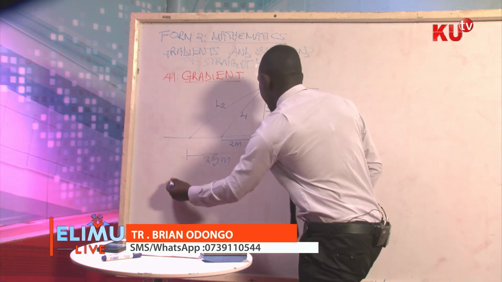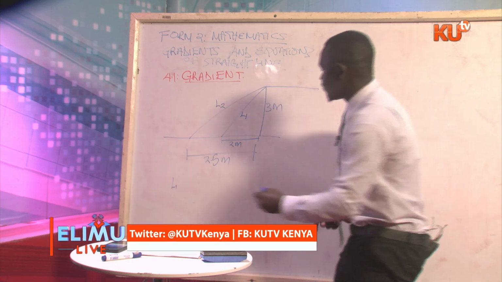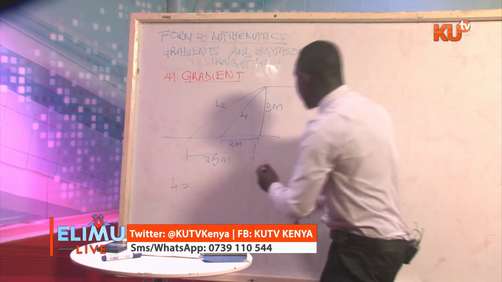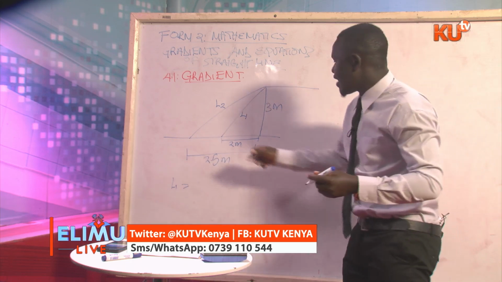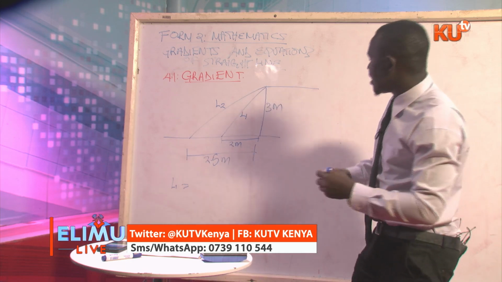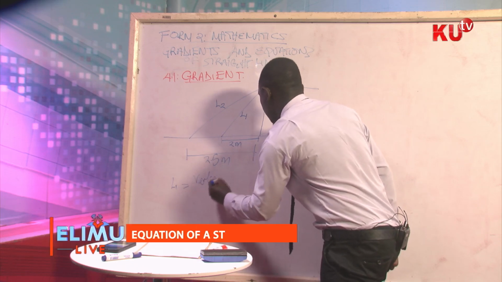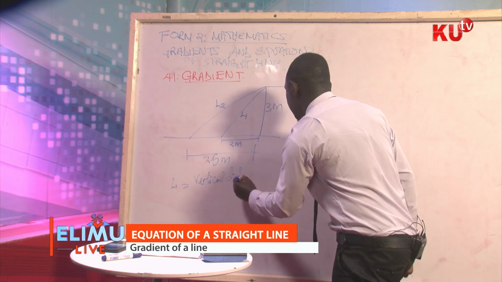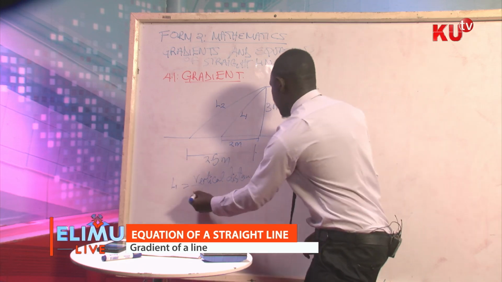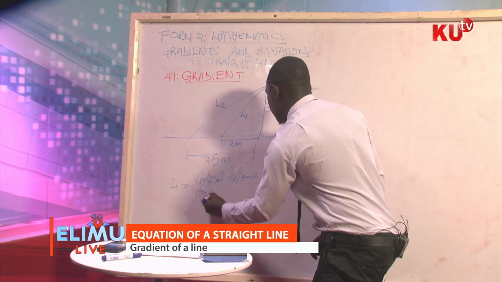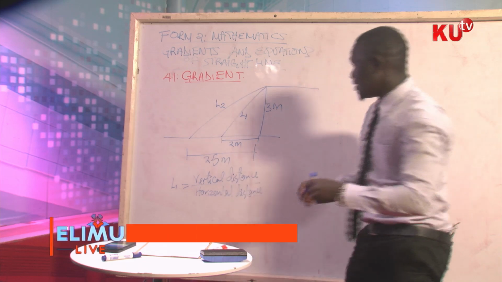If the vertical distance is 3 meters and the horizontal distance is 2 meters, therefore, for the slant height of this ladder 1, it is the vertical distance, you divide it by the horizontal distance.